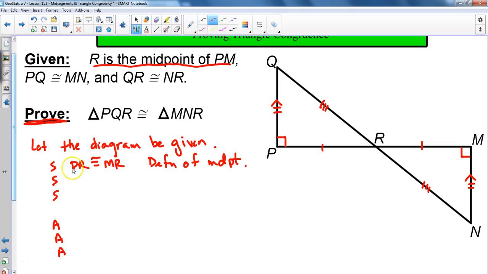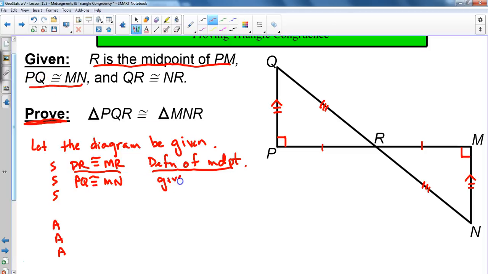The thing to notice about this is we have a congruent statement, and we also have a reason that we can make that congruent statement. All right, so notice as we go through this, we're going to make these two statements for everything. The second side argument is that PQ is congruent to MN. And the reason that we can make that statement is because it was given.